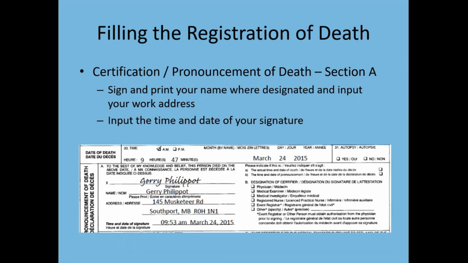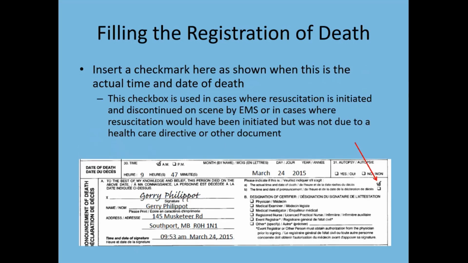Certification and pronouncement of death. Section A, sign and print your name where designated and input your work address, input the time and date of your signature. Insert a check mark here as shown when this is the actual time and date of death.